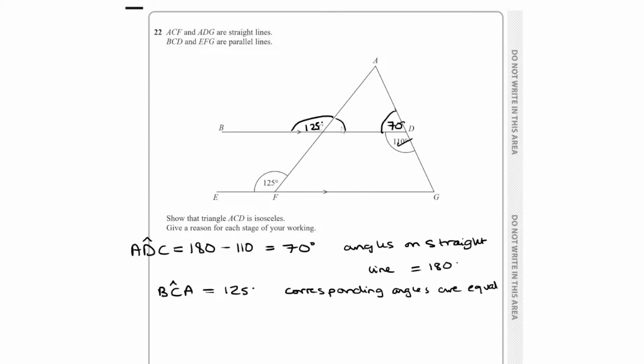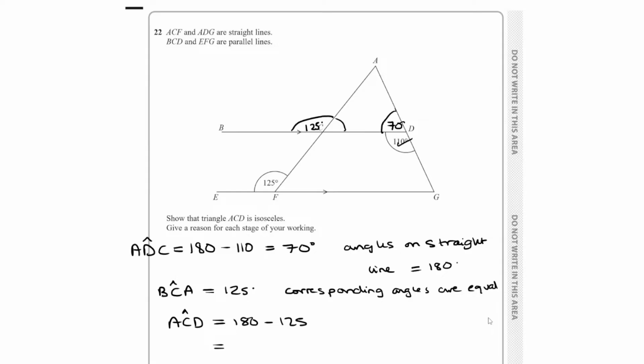Then, obviously, I could work out, because BCD is the straight line, I could do the same thing as I did here. So inside the triangle, ACD would be another 180 minus 125, right? Again, because it's on a straight line.